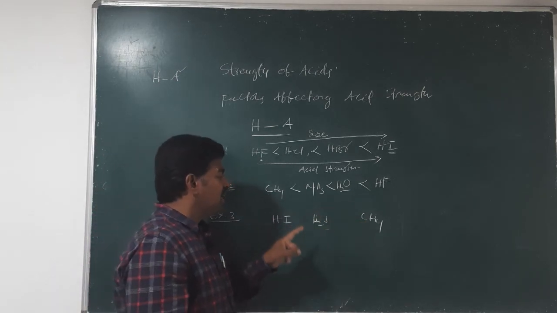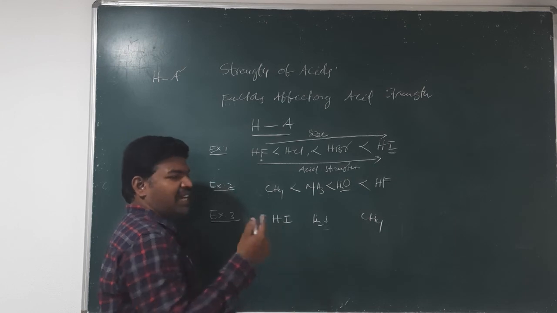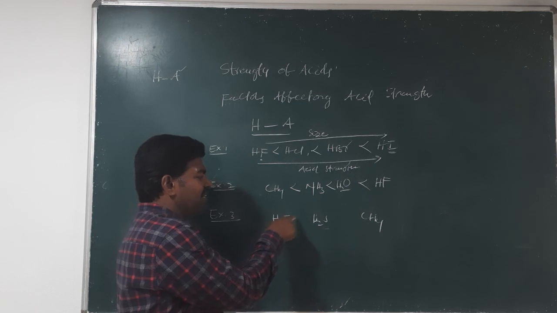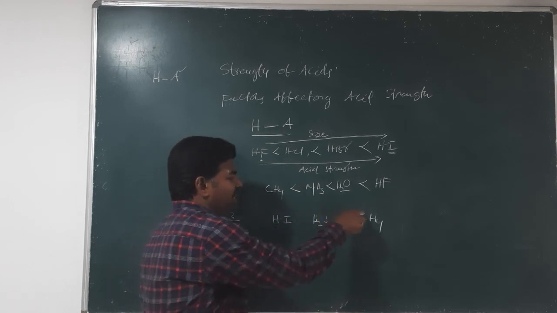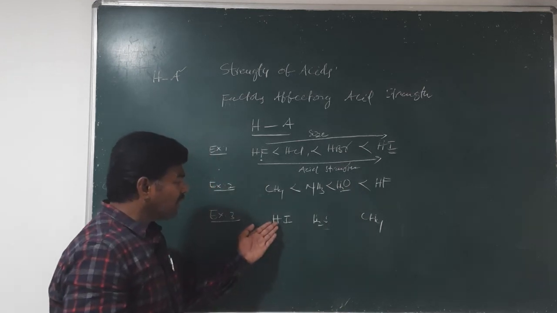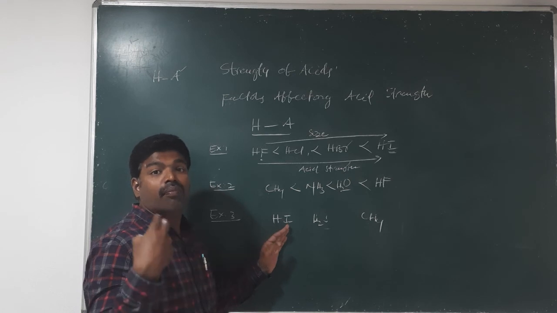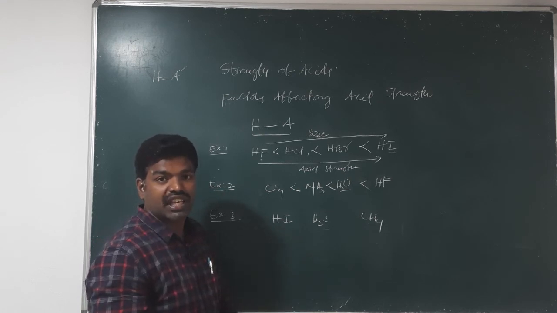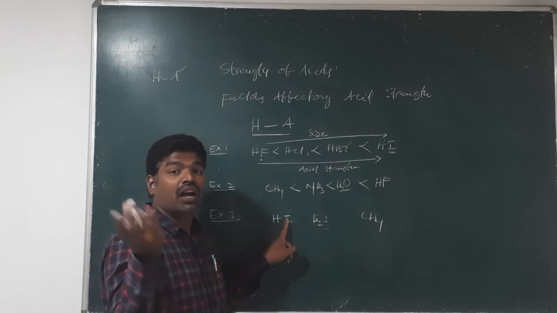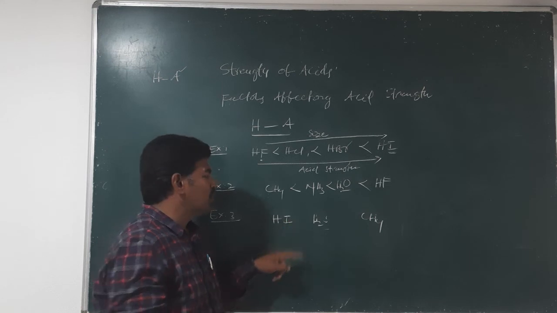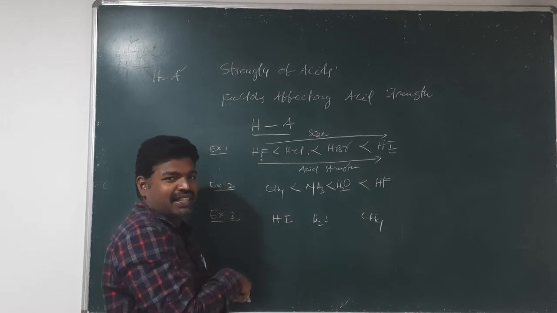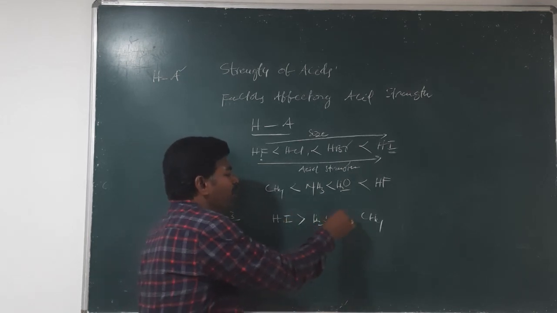In this case, the HA bond, I generalize this concept, means the bond between H and I, the bond between H and S, and the bond between carbon and H. Here, the HI bond strength is weak, because I has a large size atom, that's why its bond strength decreases, so it can easily give the proton.